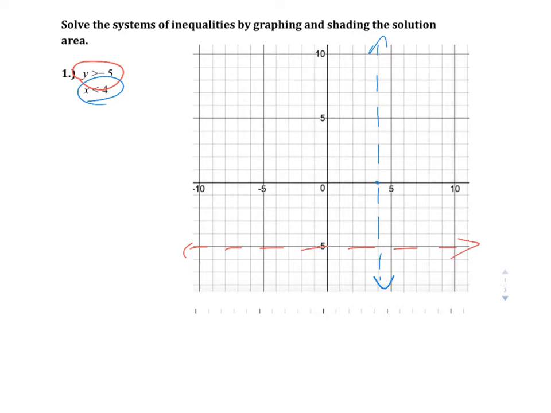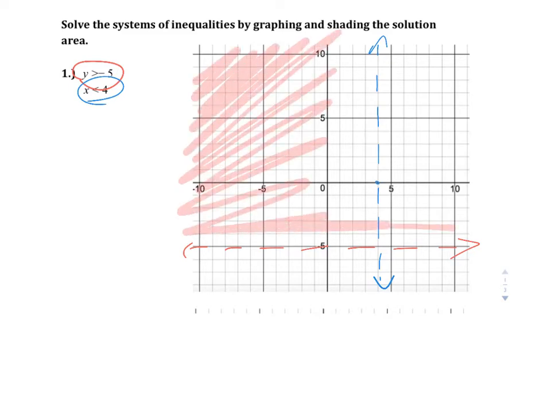So we are graphing both of the lines together, and now we are going to shade both of them. So for my red horizontal line, I have that y is greater, so everything above would be shaded.